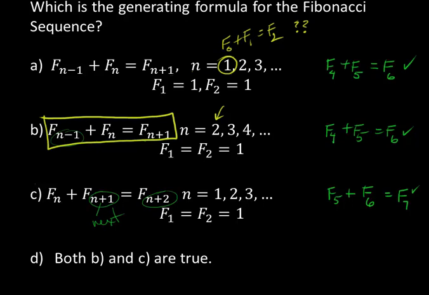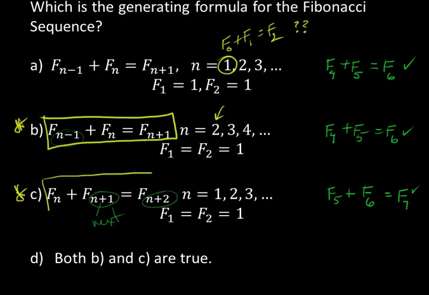So B is one way to write the generating formula. And fn plus fn plus 1 equals fn plus 2 is also correct, and we would start with n equals 1. So you get f1 plus f2 equals f3, etc. So this is fine too.